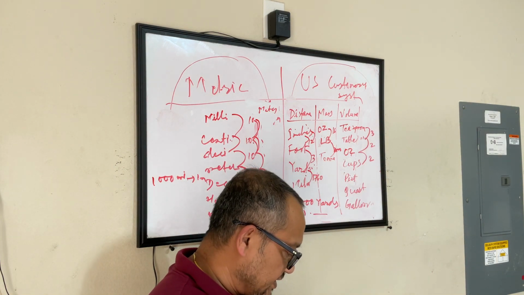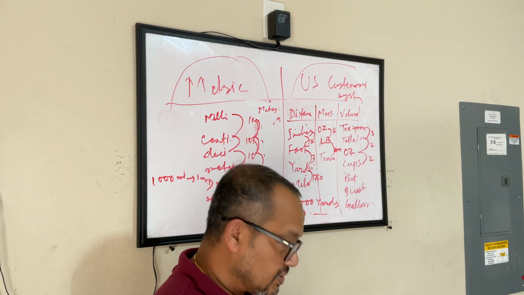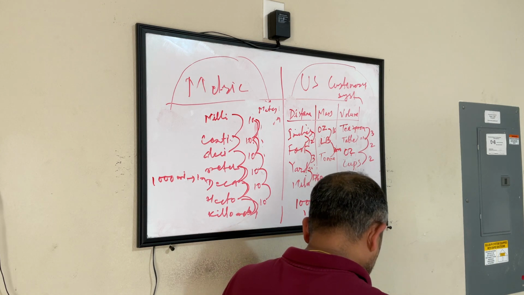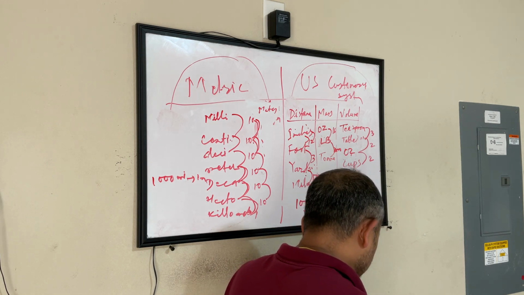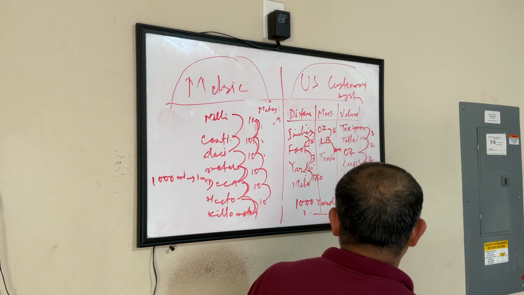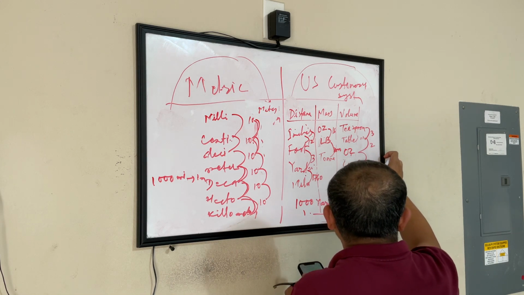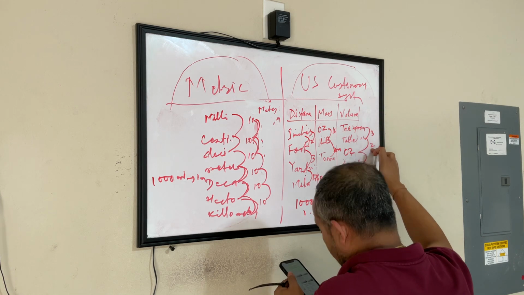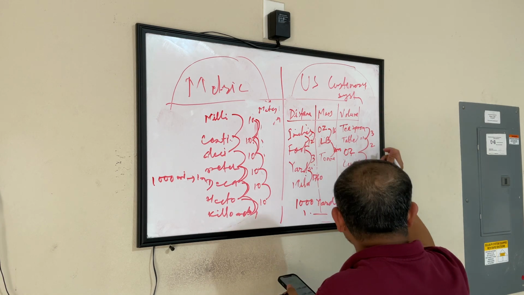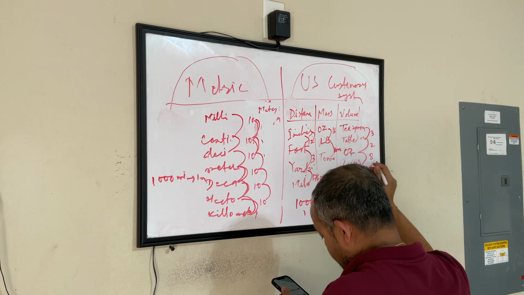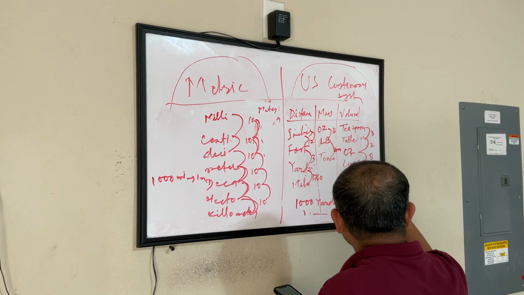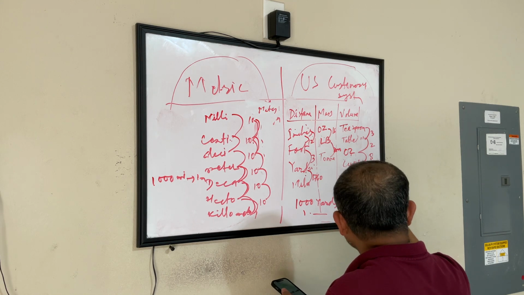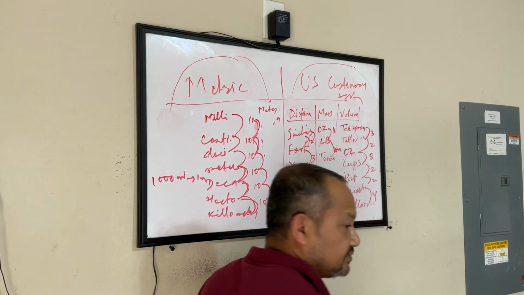I also keep on forgetting it. 2 cups make a pint, 2 pints make a quart, and 4 quarts make a gallon.